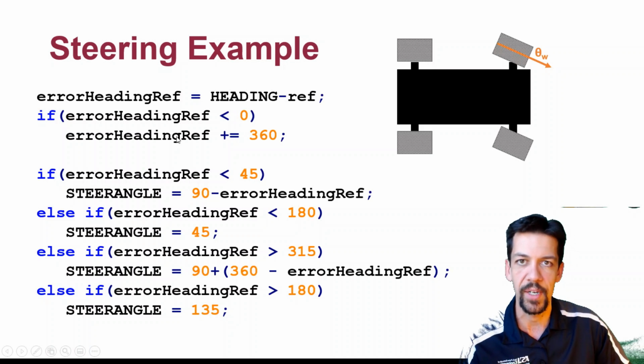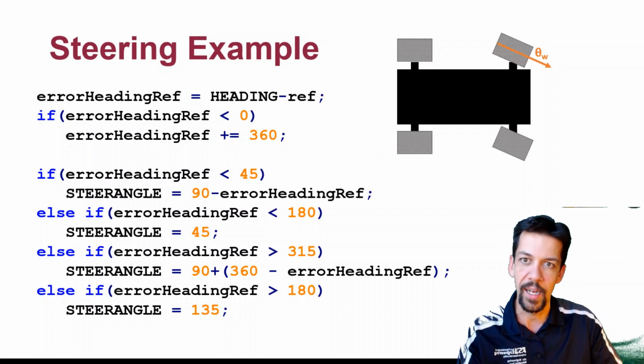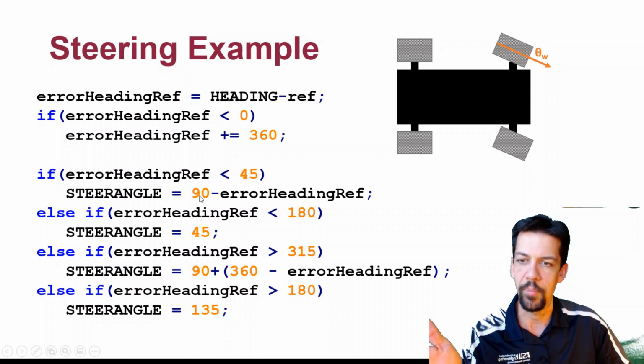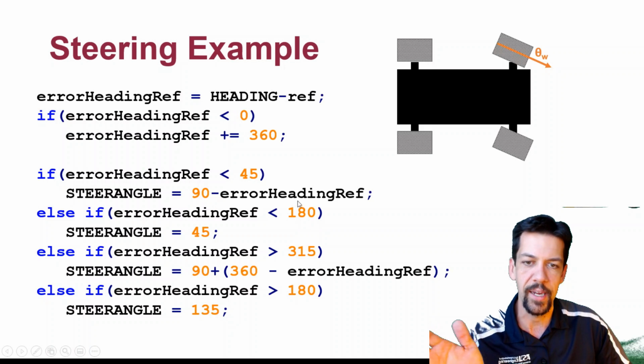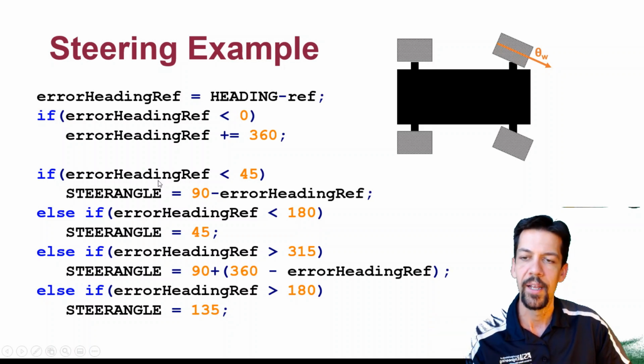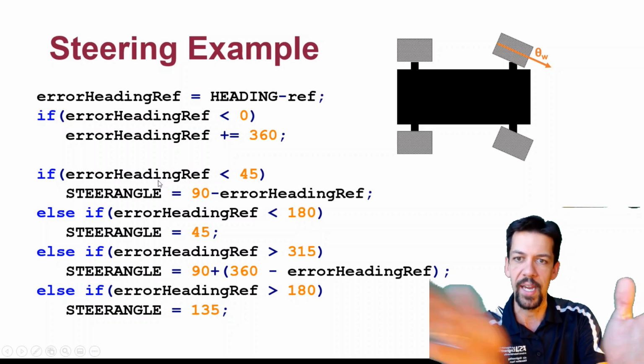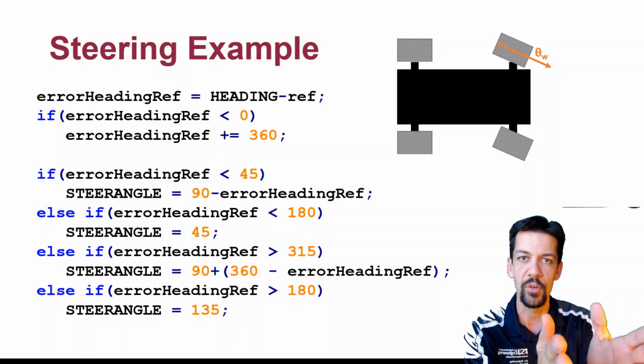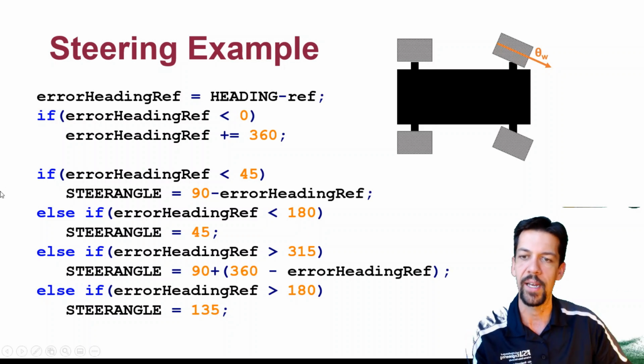Basically, I'm trying to figure out which side of the angles I want to go. If it's too far to the left, I'm just going to make it straight up. My steering angle is 90 minus my heading. So if I'm between 45 and 0, I want to make it proportional to 90 off of my error heading. So I want to hit that target.